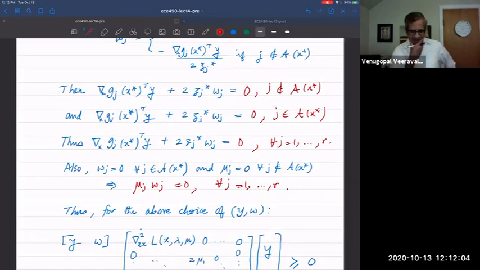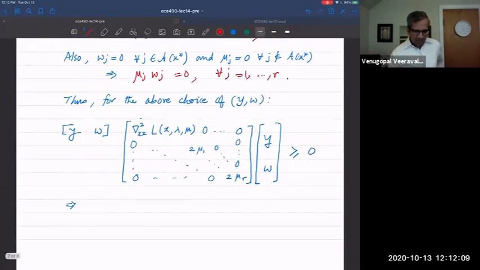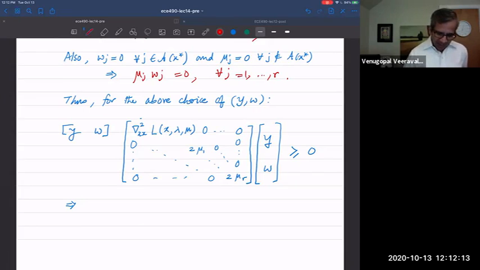So given all that, let's see what happens to this product of y, w with the Hessian matrix times y, w. What that says is that the top left block is going to give me the product of y transpose, this, and y. There should be a transpose up here, sorry. So y transpose this times y is one of the terms when I sum this up.